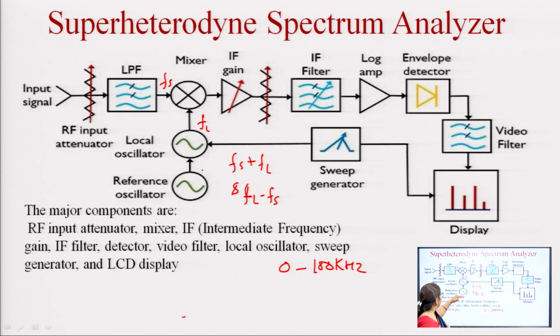Here is one more circuit. One is a reference oscillator that produces a signal, then there is a local oscillator. The local oscillator is generally a voltage tuned oscillator, VTO.